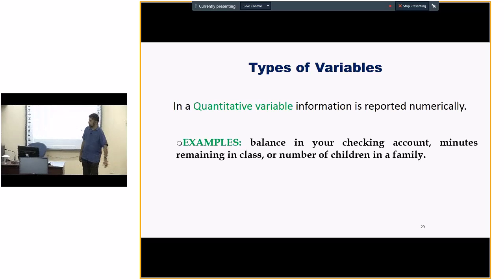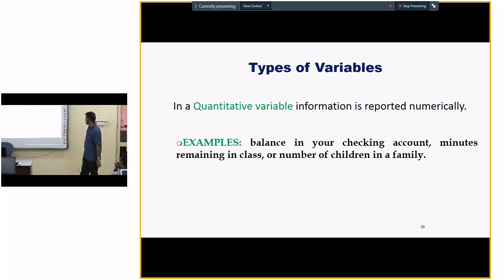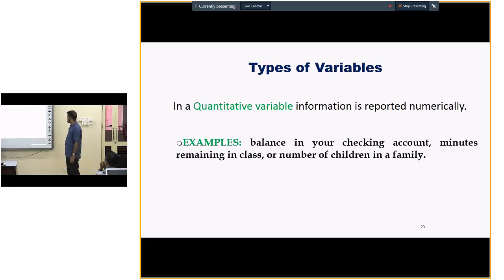Quantitative information is reported numerically. Example: balance in your accounts, minutes remaining in a class, number of children in a family. It may be discrete or continuous, right? Quantitative data.